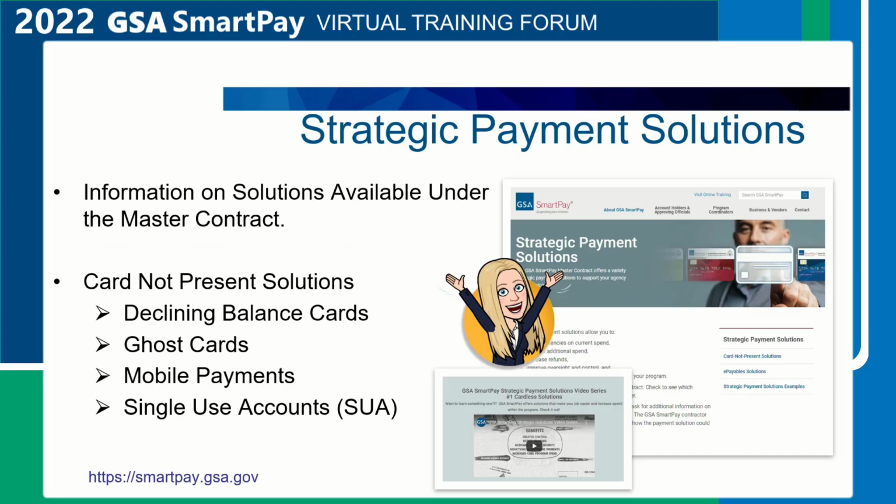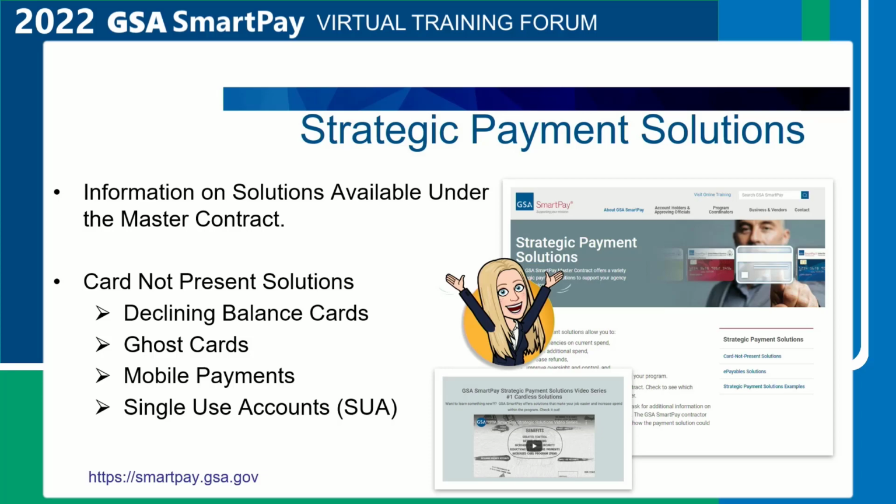The Strategic Payment Solutions section of the website explains solutions offered under the GSA SmartPay 3 Master Contract that will maximize efficiency and increase savings and refunds for customer agencies. These are new ways to take your program to the next level, and many of which are included at no additional cost to your agency.